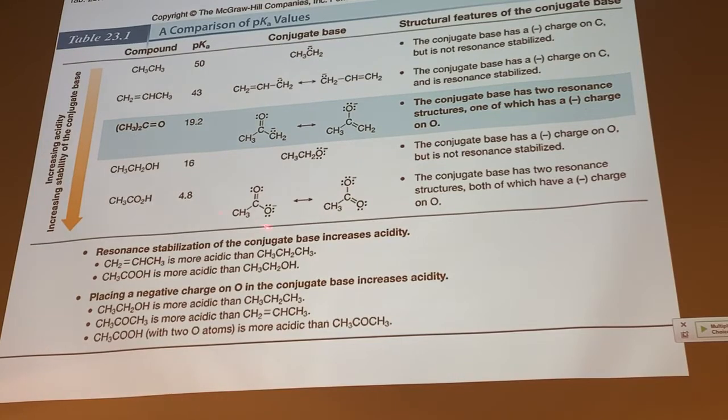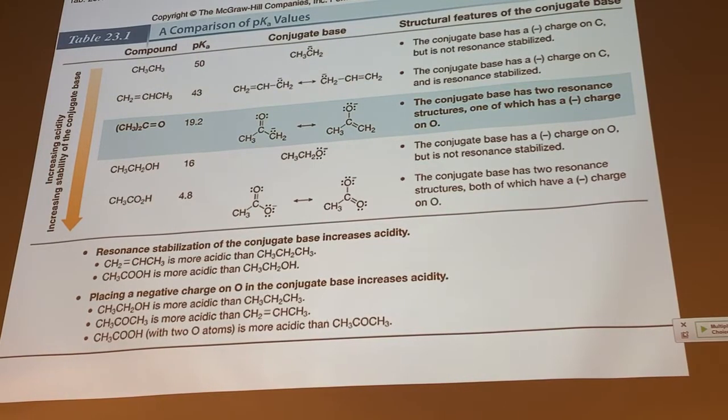And then down here, we see, of course, the effects of resonance on hydrogens attached to oxygen by seeing how much more acidic acetic acid is than ethanol. So our enolates are more stable than most anions on carbon because of the resonance and the fact that one of the resonance structures has a negative charge on oxygen. It does not make aldehydes and ketones more acidic than alcohols because of the element effect.